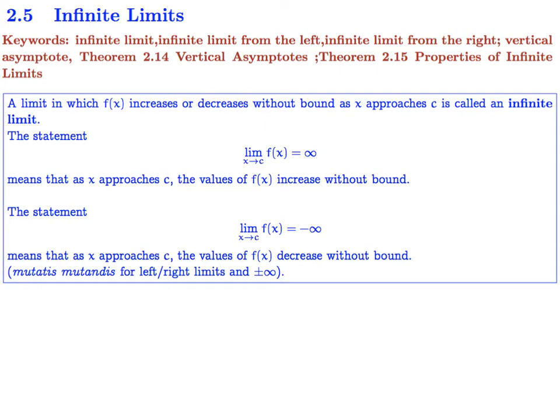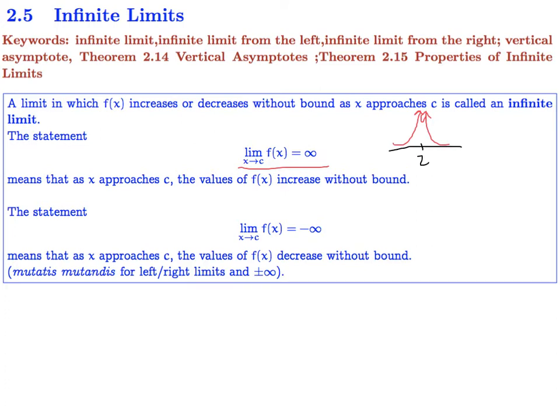So now for our more formal definition, a limit in which f of x increases or decreases without bound as x approaches c is called an infinite limit, whether or not it gets bigger or smaller. And we have two notation styles. One, if it just equals infinity, this indicates a function that keeps getting bigger. So this was our previous example from both sides. As we get closer and closer to the value of 2, we're getting bigger.